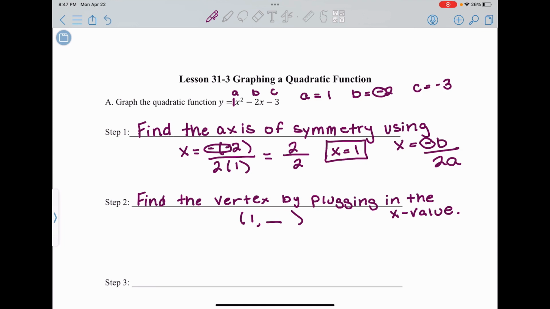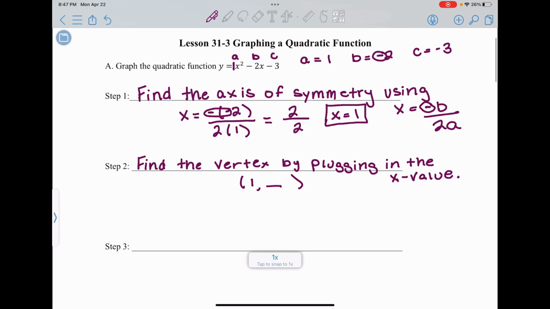We are going to find the vertex by plugging in the x value, because I know that the vertex shares its x-coordinate with the axis of symmetry, and in order to get the y value, I'm going to plug in the x value that I know. So 1 squared minus 2 times 1 minus 3. If you plug this into your calculator, you should get negative 4, which tells me that my vertex is the point 1, negative 4.